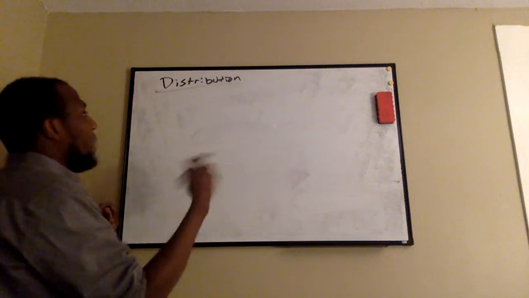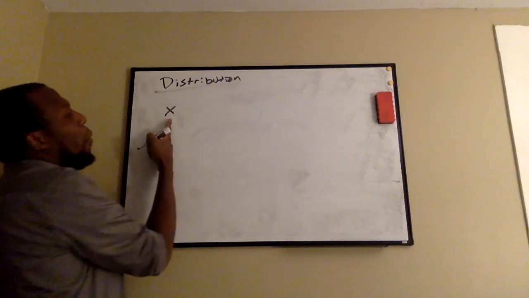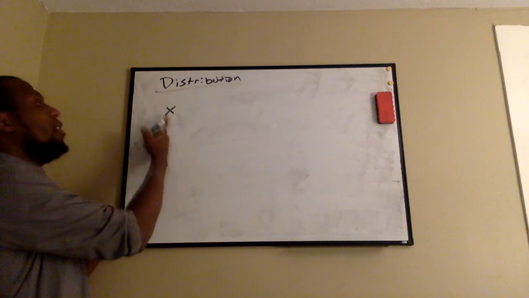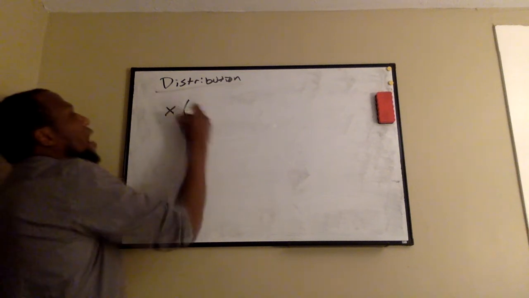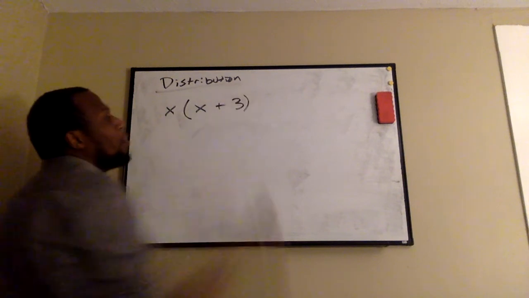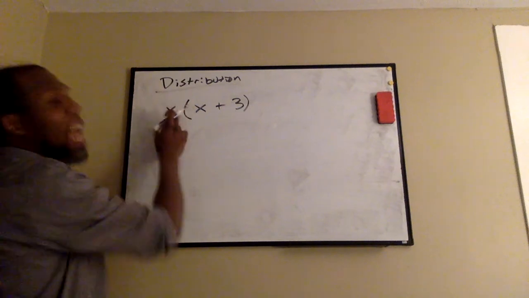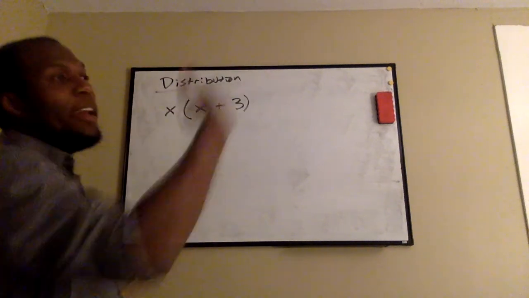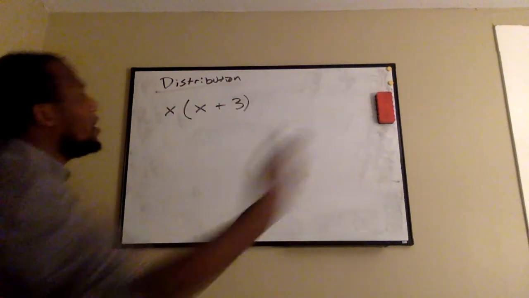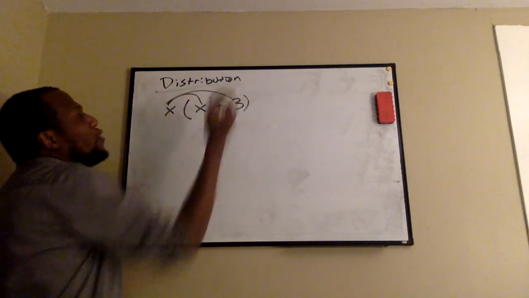An example of the distributive property, when we have that one term expression, the monomial, multiplied by a two-term expression, a binomial. We're going to treat this x like a mailman going to the different houses on the route. We got to drop something off there, and we got to drop something off there.